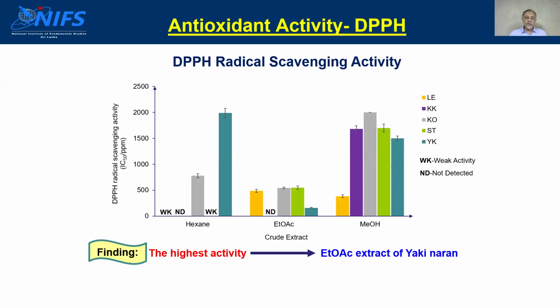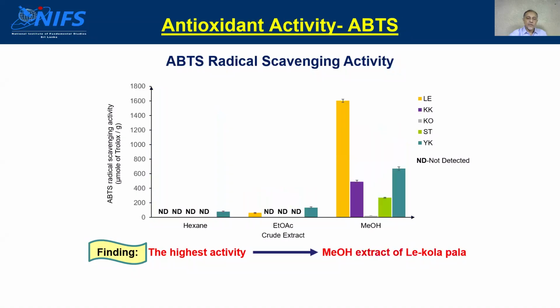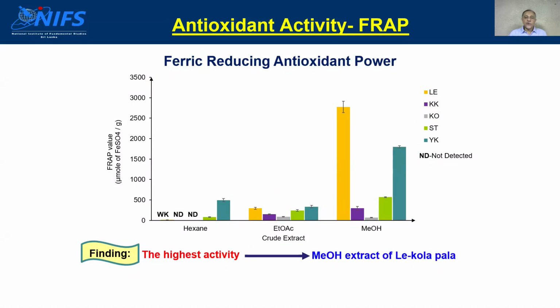For DPPH radical scavenging activity, the highest activity was detected for the ethyl acetate extract of Yakinaran. For ABTS radical scavenging activity, the highest activity was detected for the methanol extract of Licolapala. For FRAP antioxidant power, the highest activity was detected for the methanol extract of Licolapala.